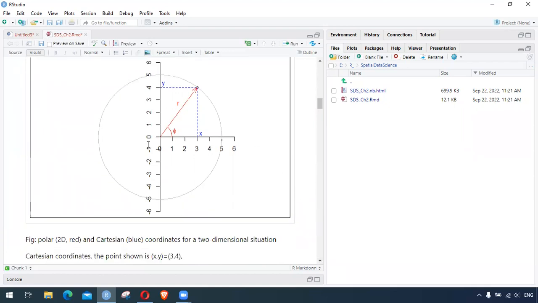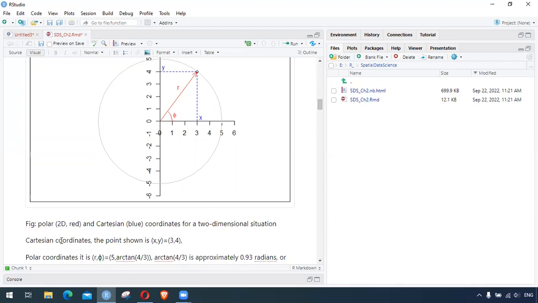What it is showing is that this red line here is the polar coordinate, and this blue one here is the Cartesian coordinates, and this is the case for the two-dimensional situation.